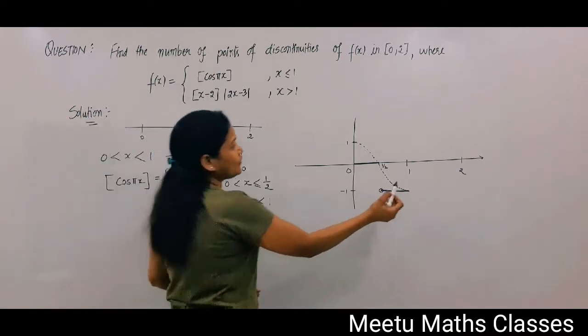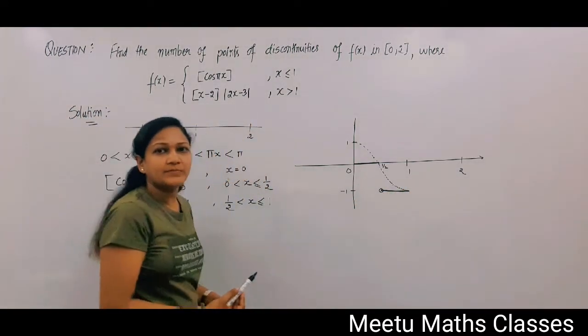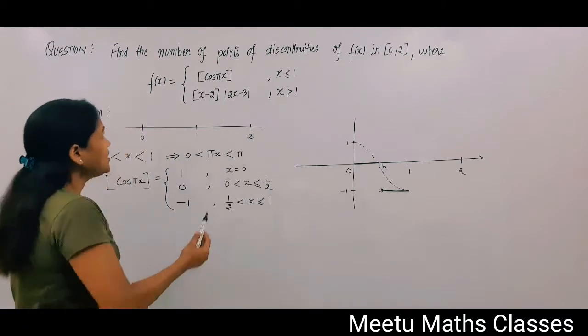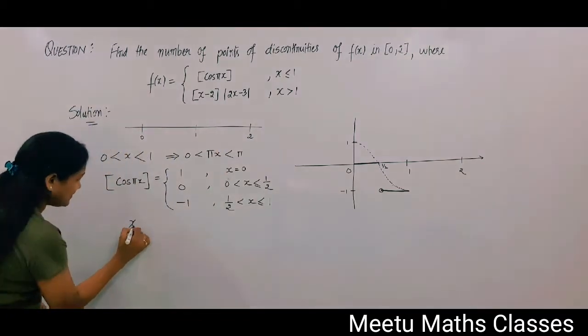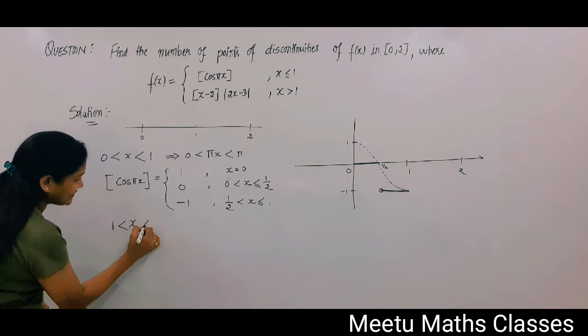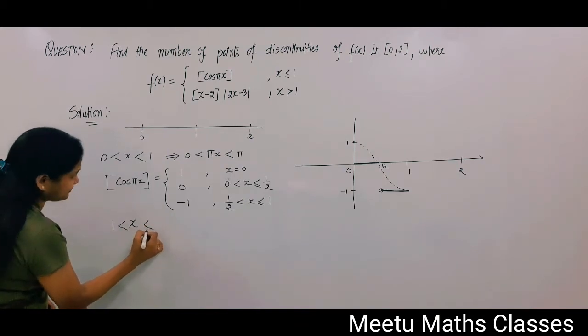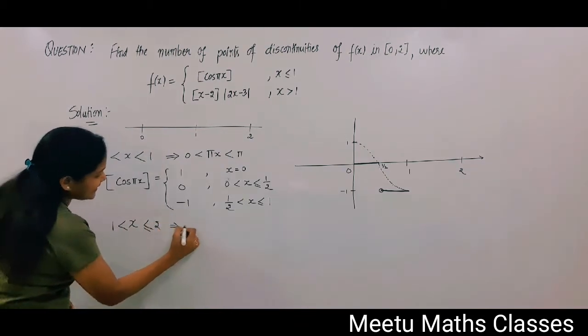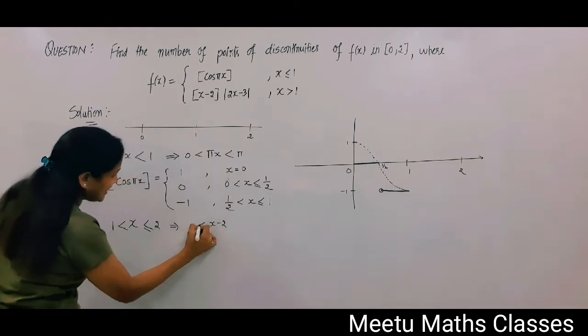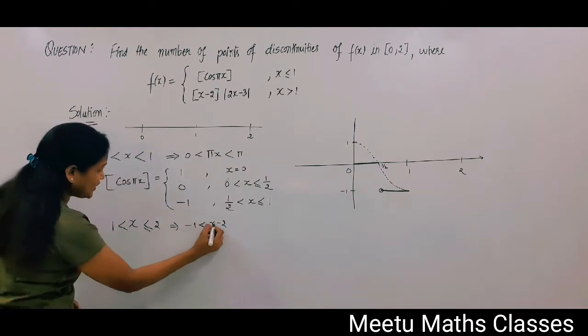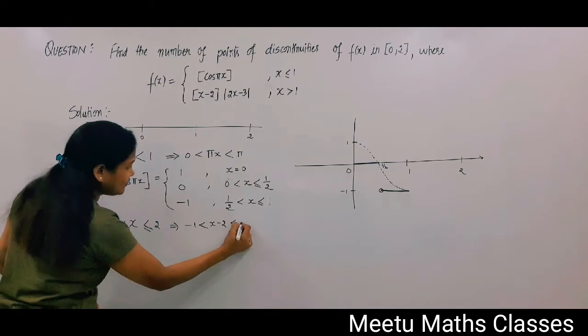Now, we have to also define our function in between 1 to 2. When x is lying between 1 and 2, our x − 2 is lying between −1 and 0.